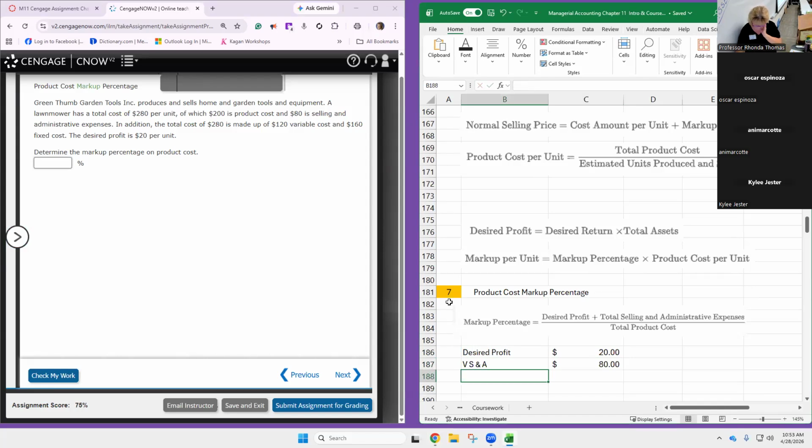Then we'll put these in the formula, and we're going to divide by 200, which is the product cost. Total cost is different, but here's the product cost, 200. So let's put that in.